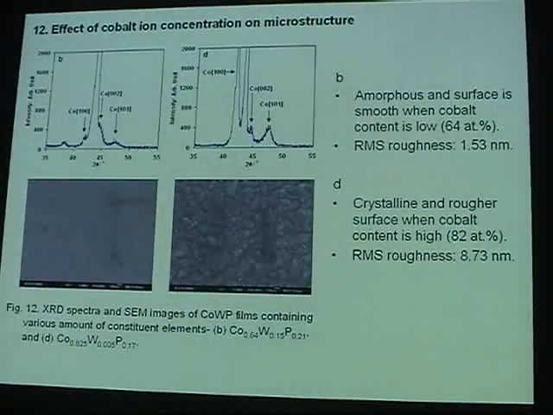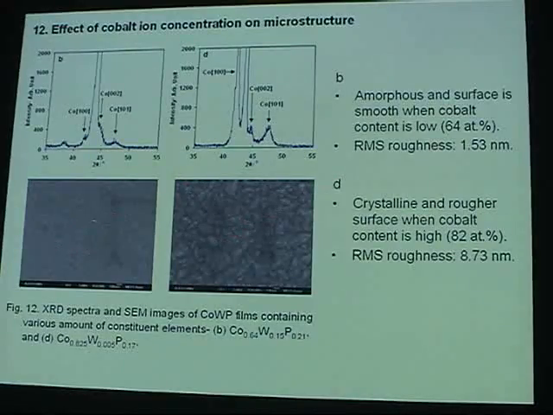We also varied the concentration of cobalt, tungsten and phosphorus in the deposit by varying the concentration of the precursors in the electrolyte. It also shows that if we have a large amount of cobalt in the film, the crystals get bigger, and this becomes more metallic.